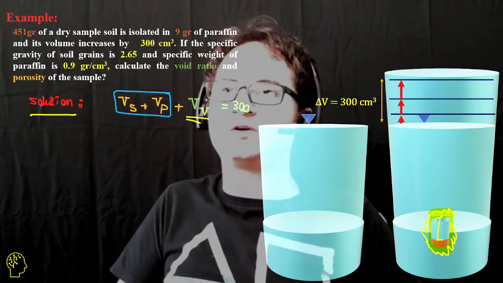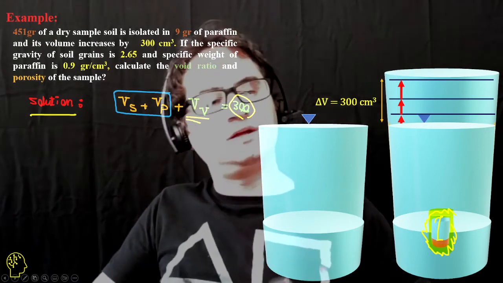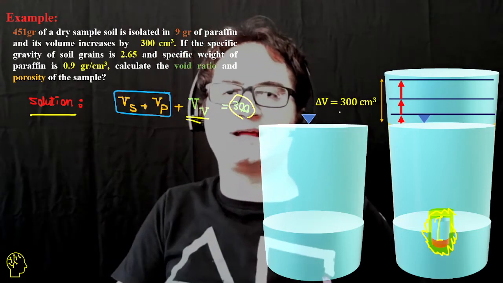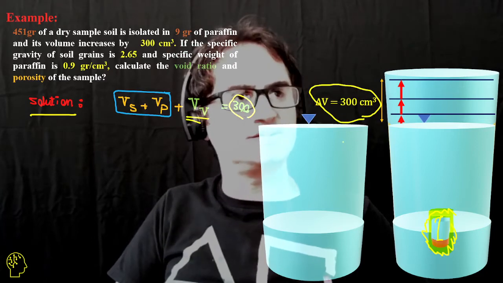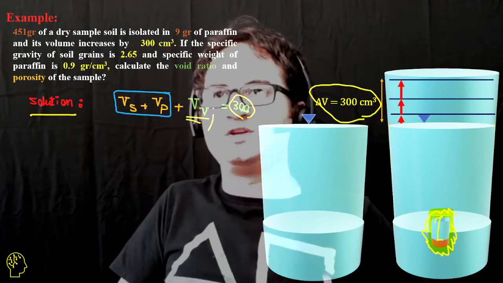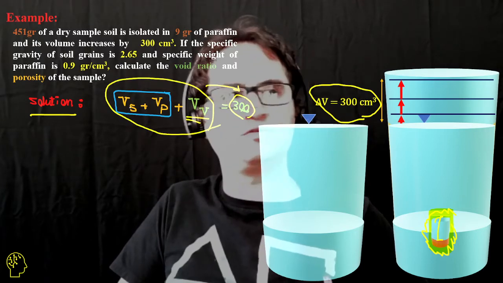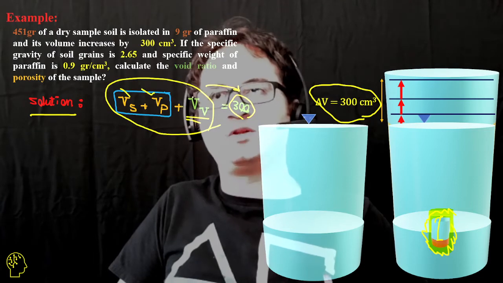All together are going to be 300, because when we put the isolated soil sample with the layer of paraffin around it, it gives us a rise of delta V of 300 centimeter cubed. So the total volume is nothing but the volume of soil, plus the volume of paraffin, plus the volume of void.